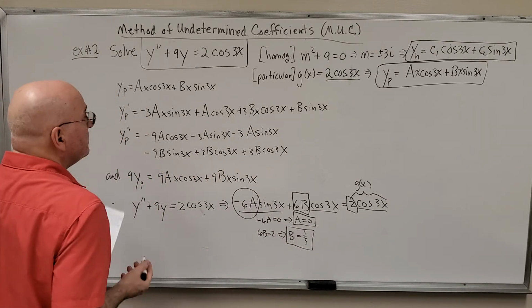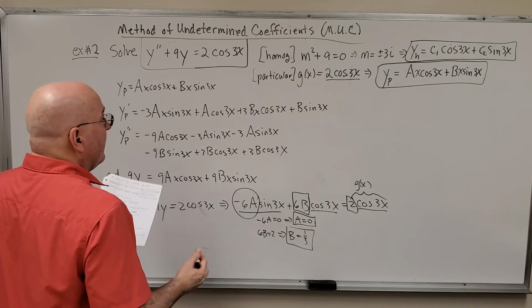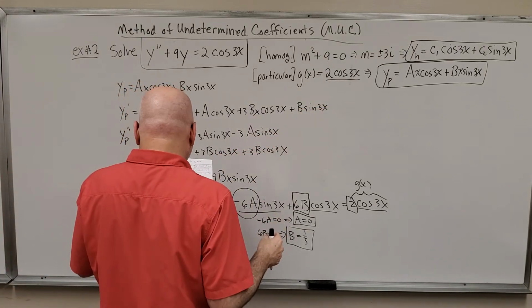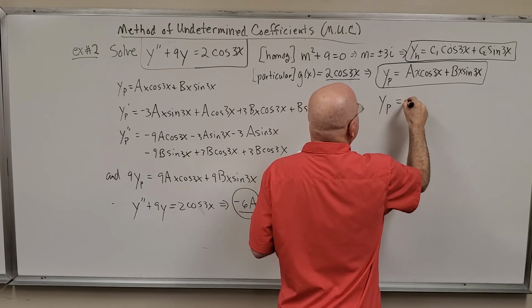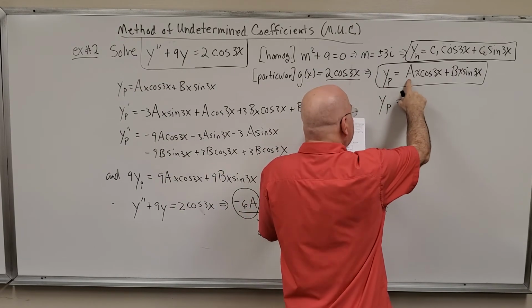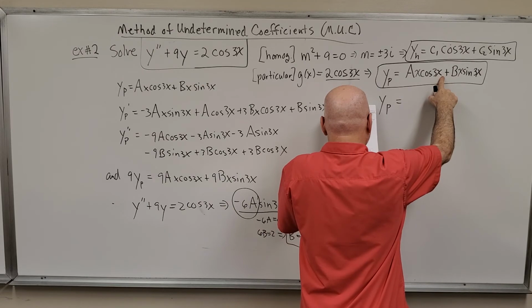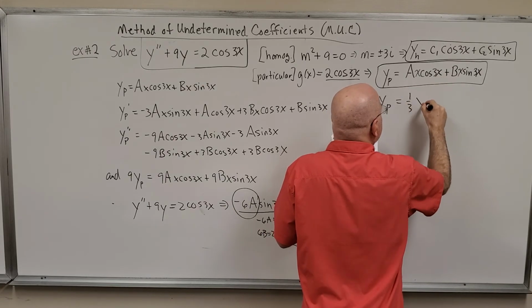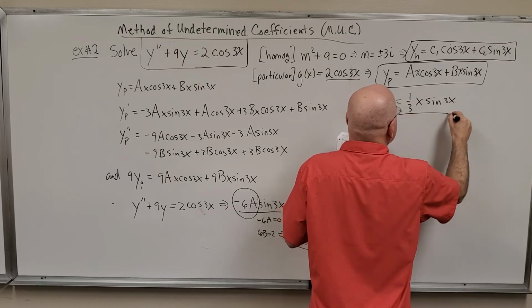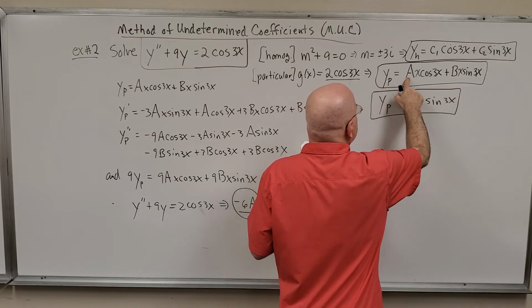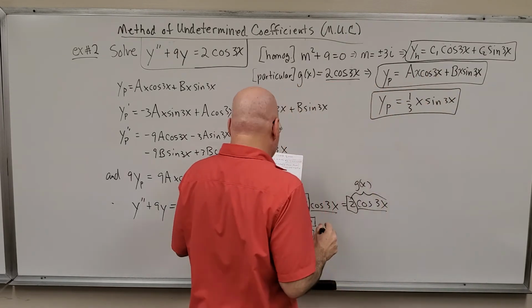So if we plug our A and our B in, I get y particular with A and B solved for. A is 0, so that term actually goes away, leaving 1/3 x sine 3x. Only because A is 0 did that go away.